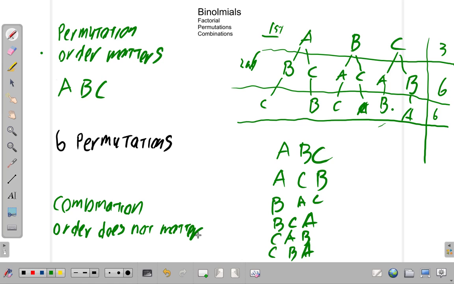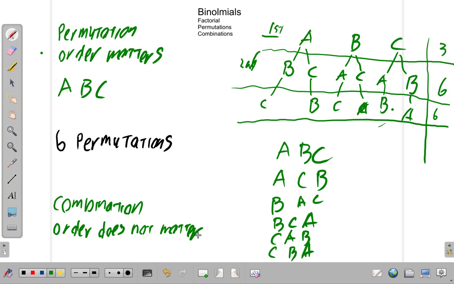You are doing interior decoration, and you look at the size of the paintings, and you say you want the one on this side to be the large one, the one in the middle to be the medium size, and the one at the end to be the smallest. You want that order. So that in that case, the order matters.